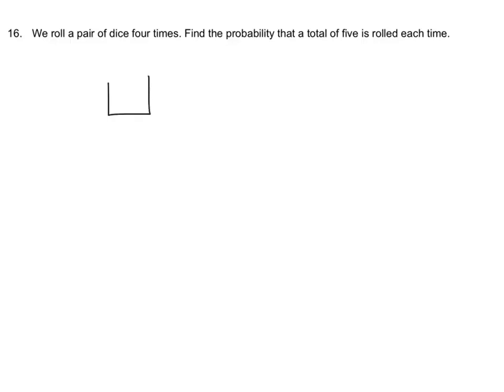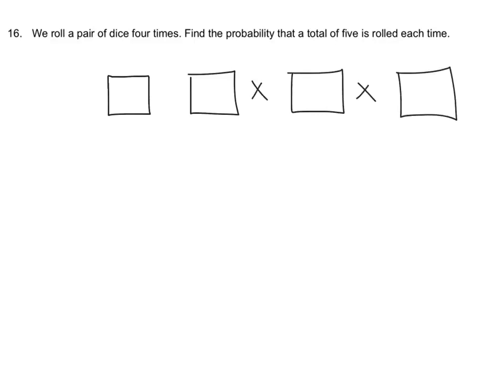So since I have a pair of dice being rolled 4 times, I have 4 different probabilities. And I'm going to multiply the probability of each event occurring to each other.